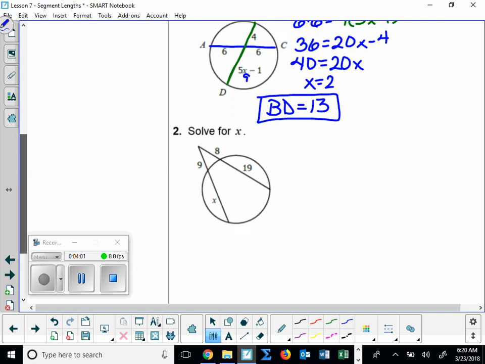In our second problem, we have two secants. Secants, right, that is outside times the whole equals outside times the whole. So let's see here. Distribute.